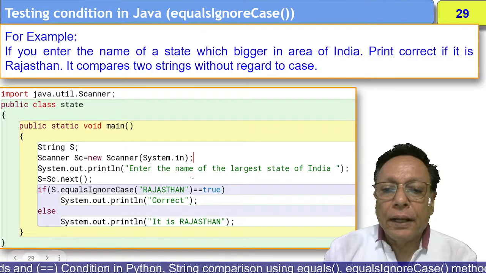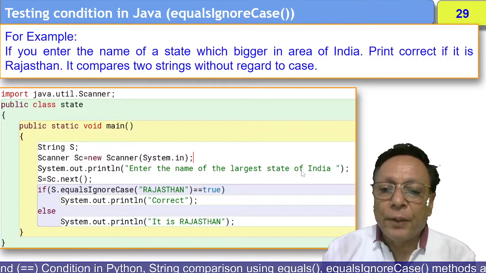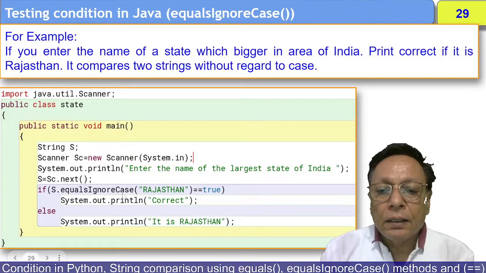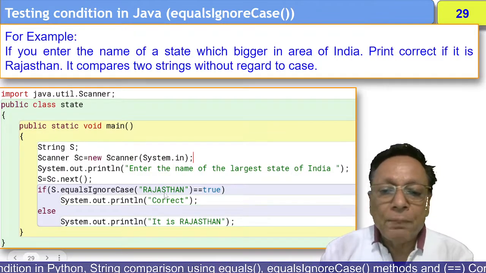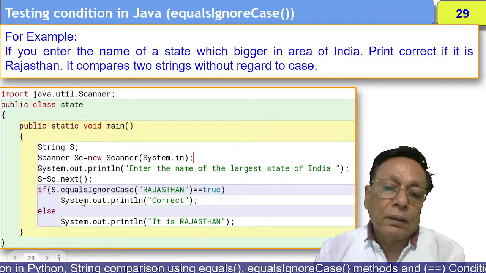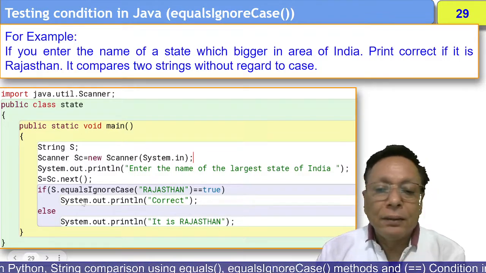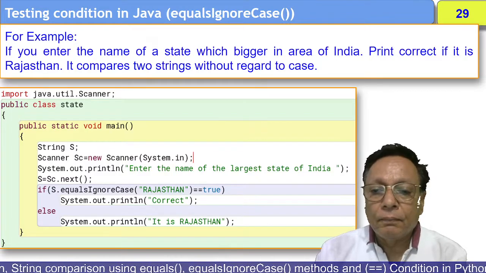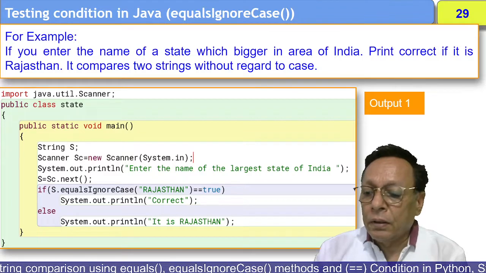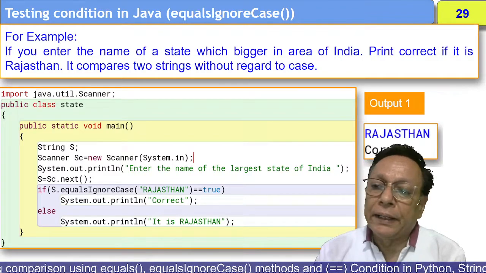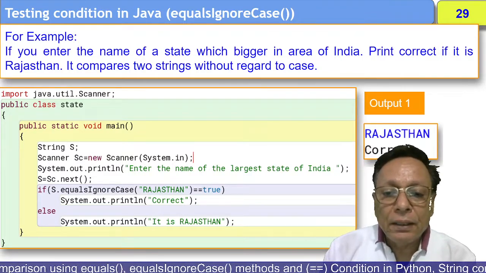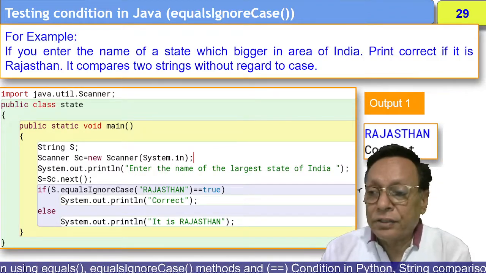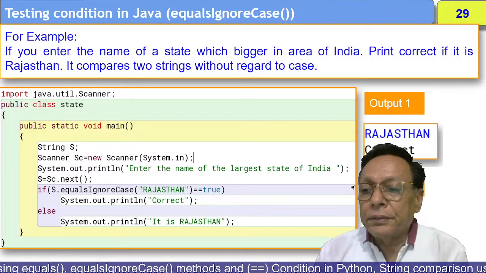If you enter the name of the largest state of India, whichever you give will be compared with Rajasthan, no matter in what format you enter this state. For example, if you enter a state like Rajasthan, it will print correct, and if you enter another word or another string, it will print not correct.